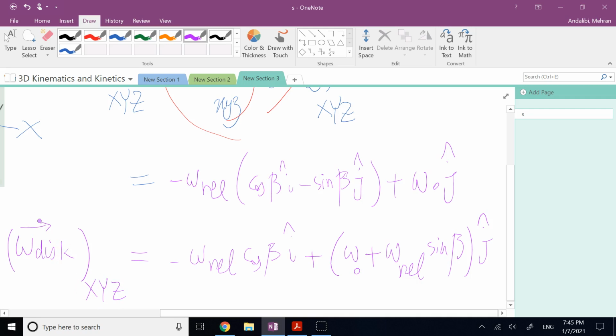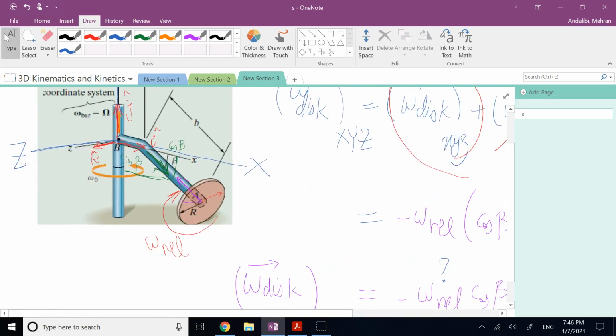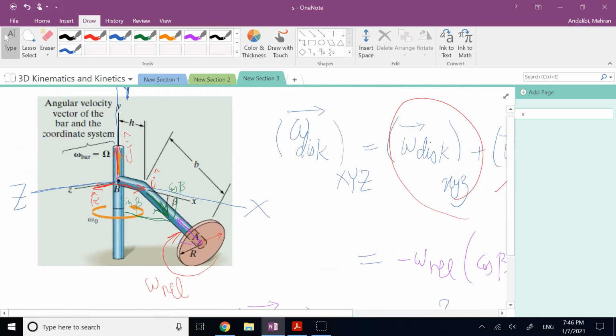Now the question is, how much is this omega relative? So we've written it in terms of this omega relative, but this omega relative itself is an unknown. I don't know how fast this disk is rotating with respect to the bent shaft. So we have to find it, and to find it, we're going to use kinematics. So this is what we do.